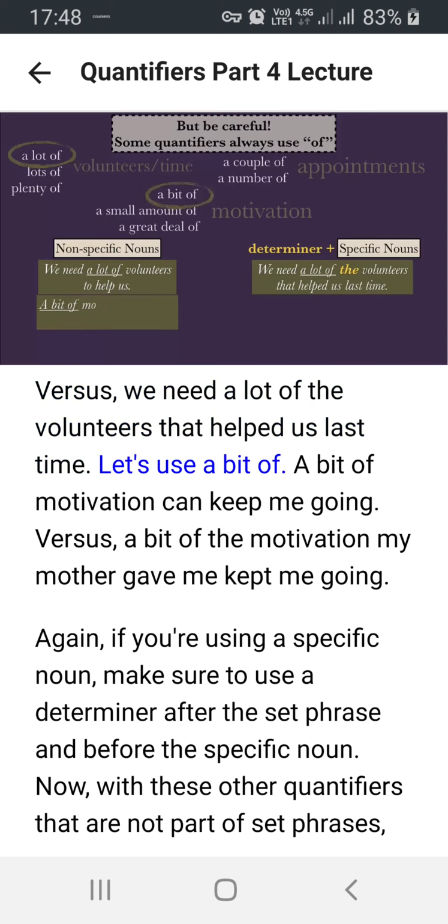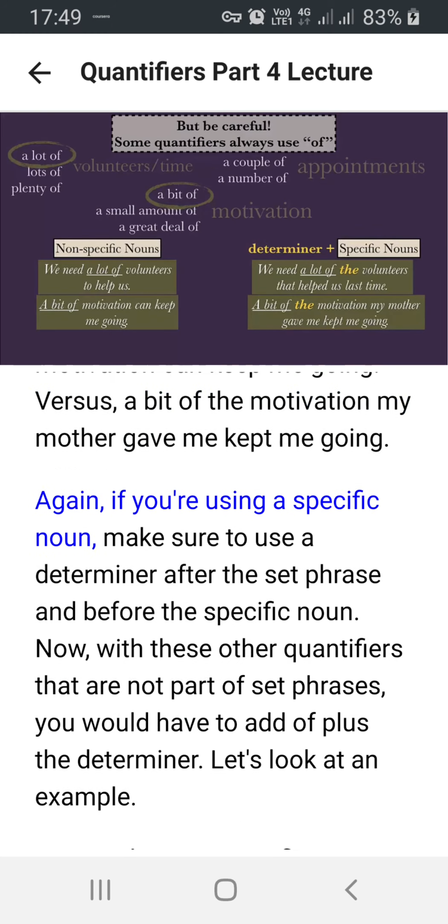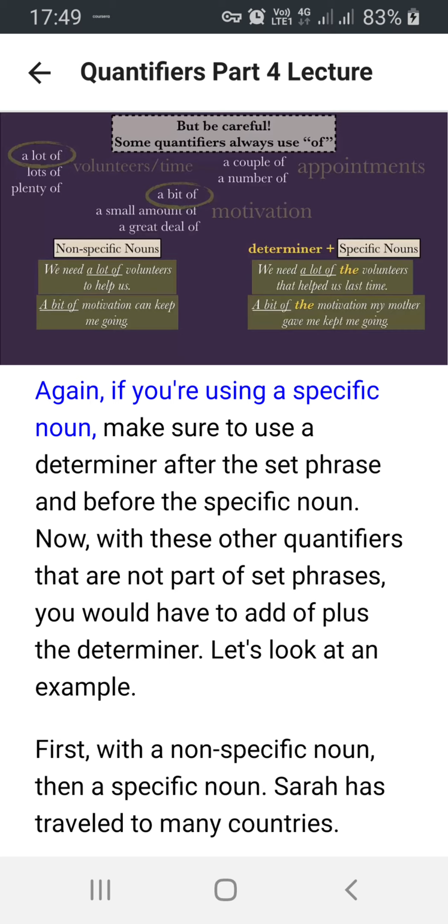Let's use a bit of. A bit of motivation can keep me going. Versus a bit of the motivation my mother gave me kept me going. Again, if you're using a specific noun, make sure to use a determiner after the set phrase and before the specific noun.